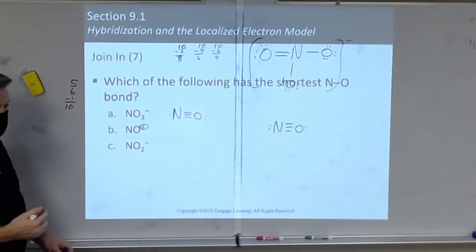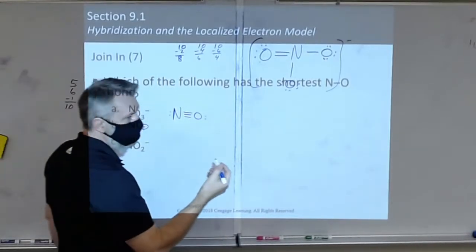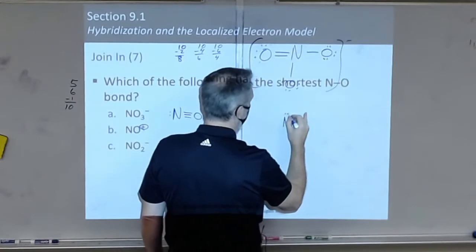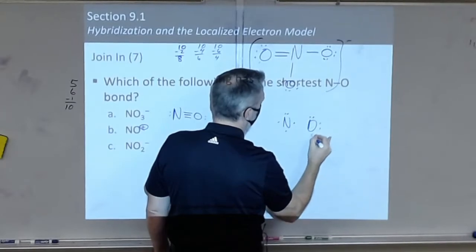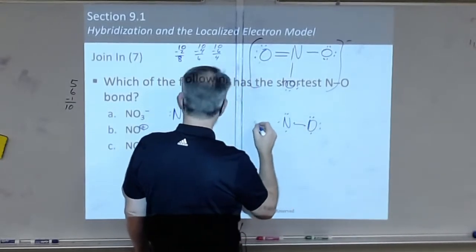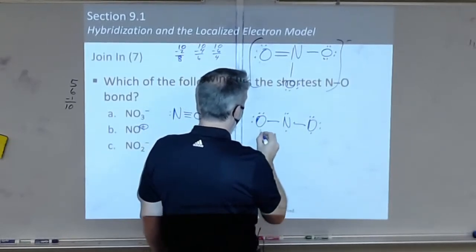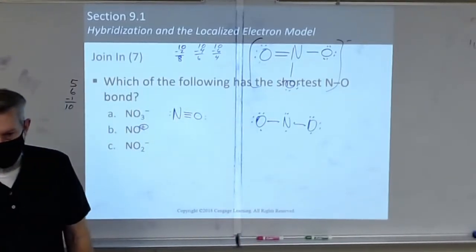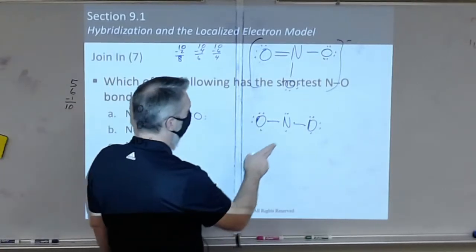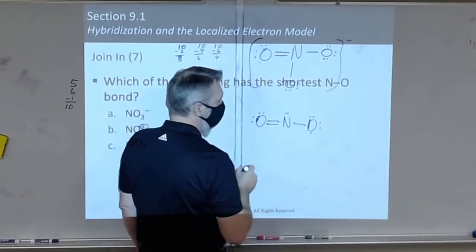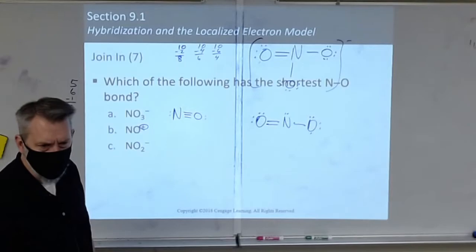Let's do NO2 minus 1. So in this case, I've got nitrogen. Okay, and this is a minus 1, right? Okay, what can we do now? Double bond what? Okay, so let's double bond this. Is everybody okay now? Is that what it's supposed to look like?